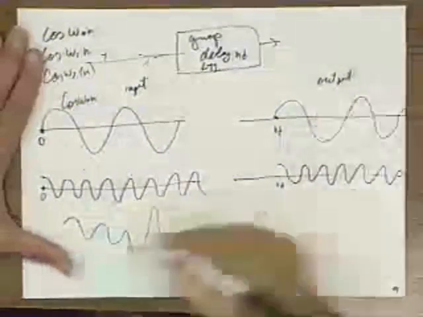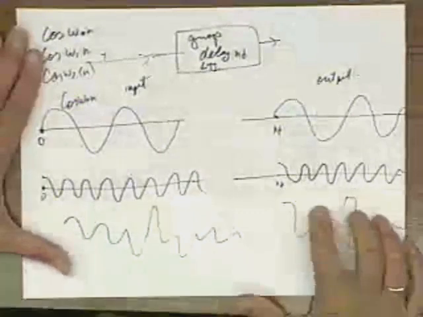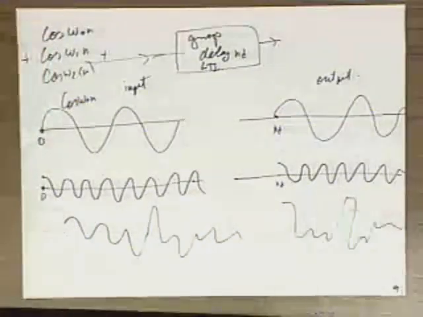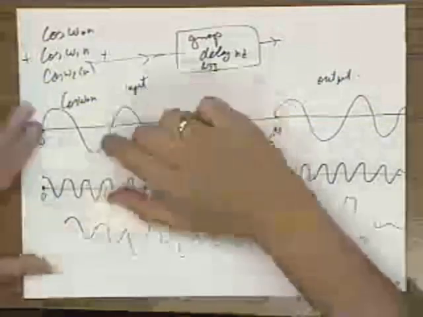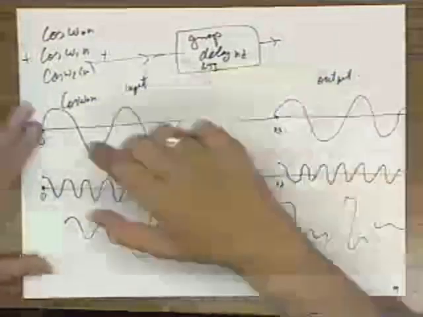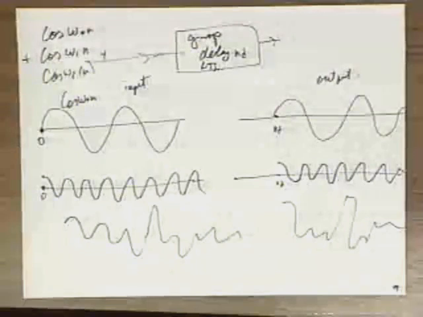So if the sum of this signal plus this signal looks like garbage like that, the sum at the output is the same garbage-looking thing, identical, but just shifted. That means the waveform didn't get distorted as it went through the system. Why? Because the phase relationship between these two got preserved because both of them got delayed by the same amount.